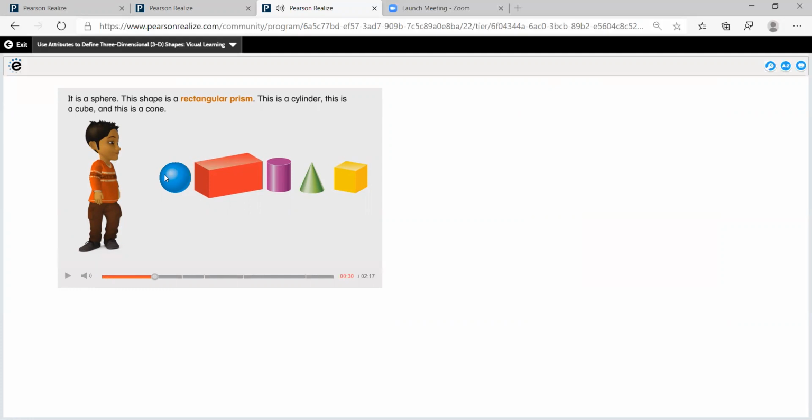This is a sphere. Our second shape is a rectangular prism. This is a cylinder, our purple shape. Our green shape is a cone, and our yellow shape is a cube.